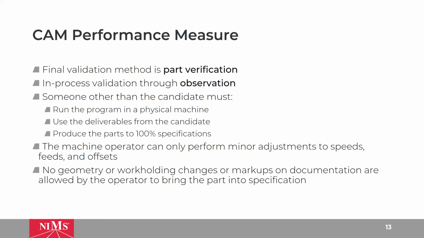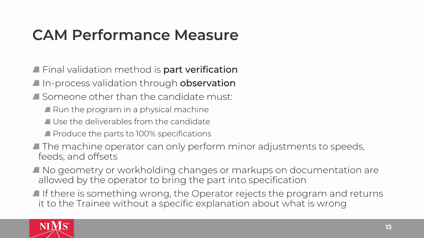All right, so no geometry or work holding changes or markups on documentation are allowed by the operator to bring the part into specification. If there is something wrong, the operator rejects the program and returns it to the trainee with a specific explanation about what is wrong.